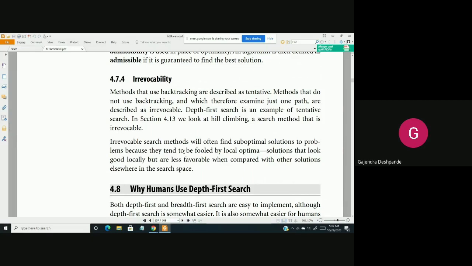Irrevocable search methods will often find suboptimal solutions to problems because they tend to be fooled by local optima, solutions that look good locally but are less favorable when compared with other solutions that are more favorable.